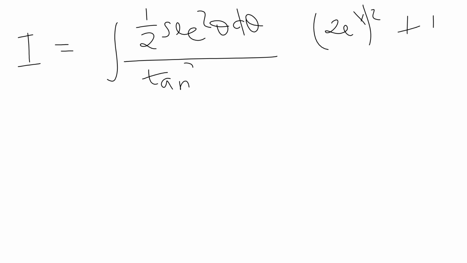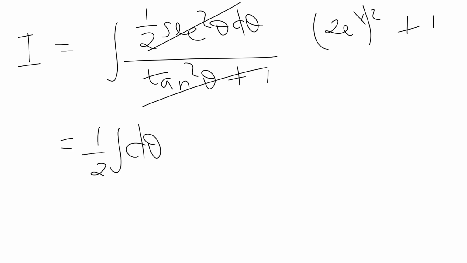When we square it, we have tan squared theta plus 1, but tan squared theta plus 1 is the same as sec squared theta, so they cancel off, and then we just get half times the integral of d theta, which is basically theta divided by 2, plus a constant.